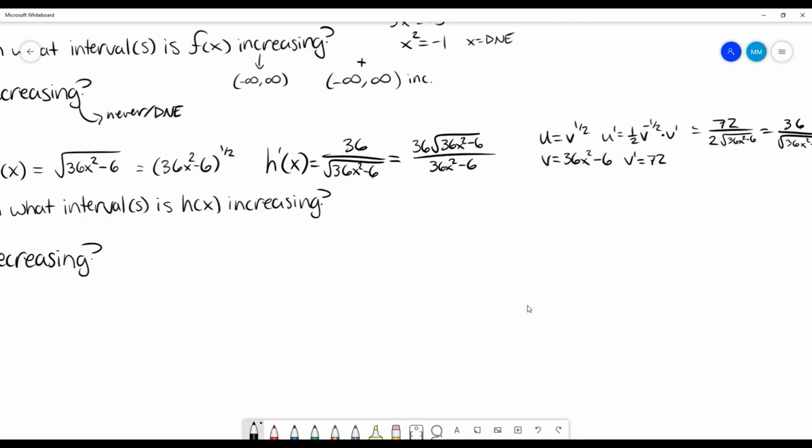So now I want to set that equal to 0 to figure out where our critical points are. So we're going to use the rationalized version because it makes more sense for us to use. So when does this equal 0? Well, this is going to equal 0 whenever our numerator equals 0, right? And that'll only happen when the inside of this radical equals 0.